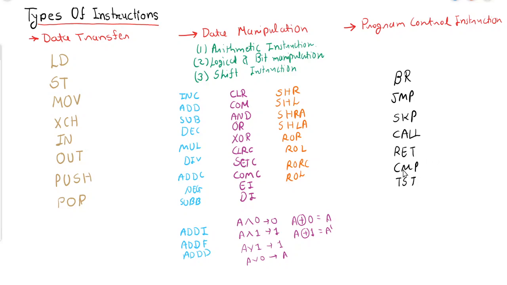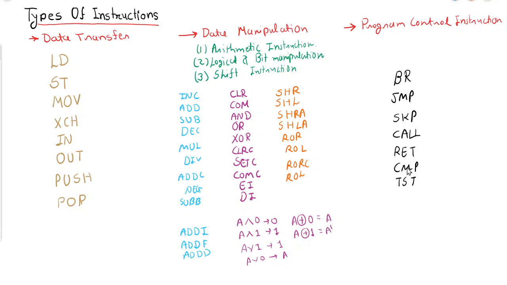Then compare and test. These two instructions are used to compare values. In compare, it will perform the subtraction of two numbers, and based on the result, certain flags of the CPU will be set. It will not retain the result in the accumulator. In the case of test, a logical operation will be performed.